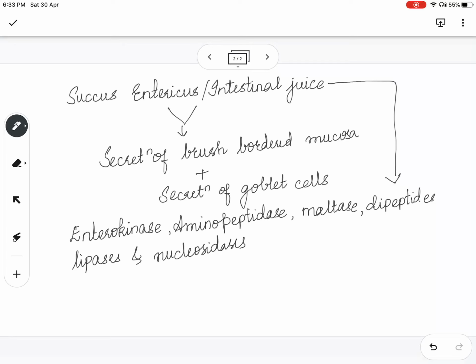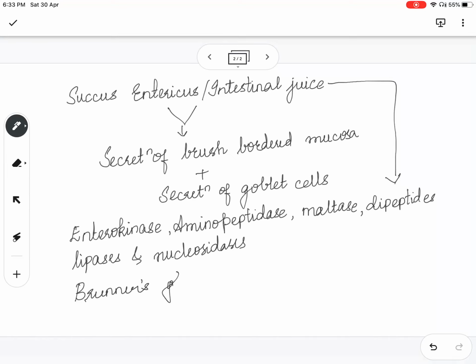Okay, this is very important from the exam point of view. The questions have come, so do remember the different enzymes present in this particular intestinal juice or succus entericus: enterokinase, aminopeptidase, maltase, dipeptidase, then lipases and nucleosidases. Okay, there is another one also, this is also very important, Brunner's gland.